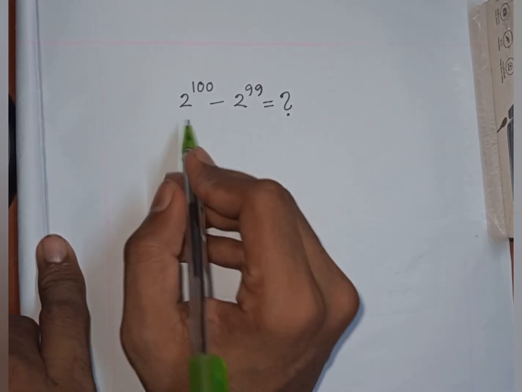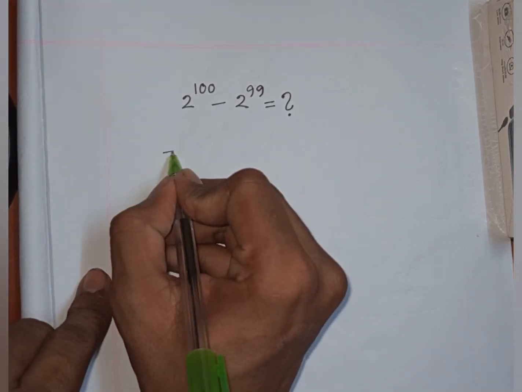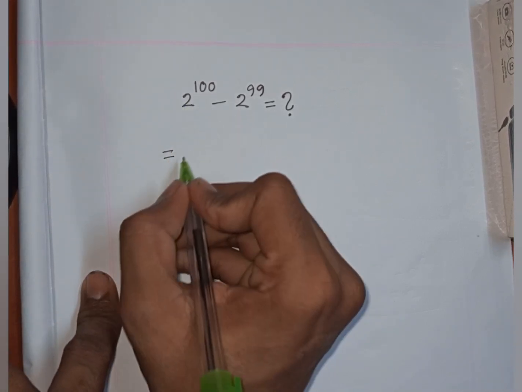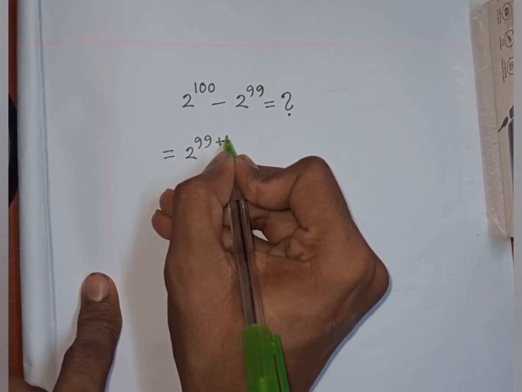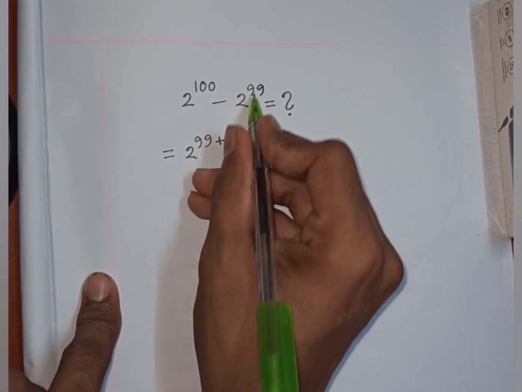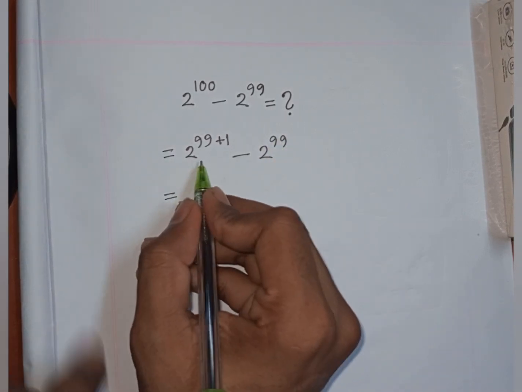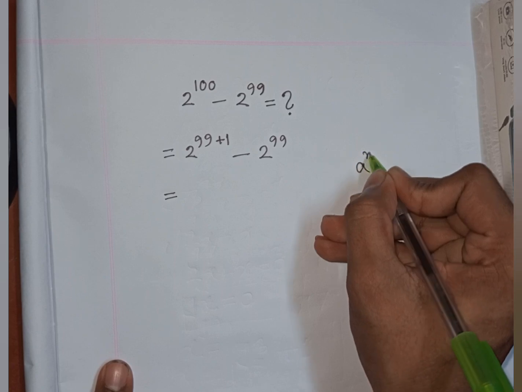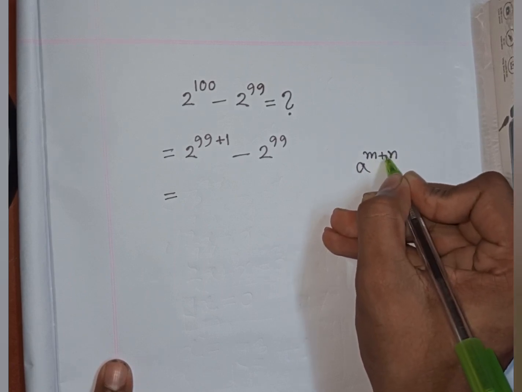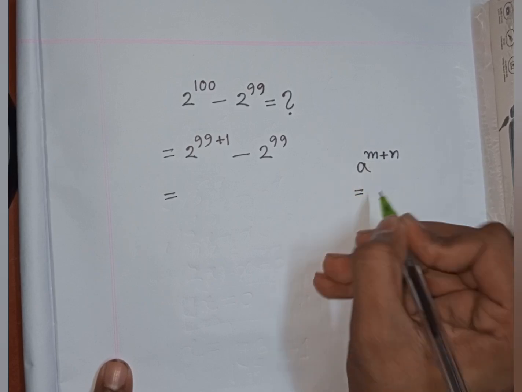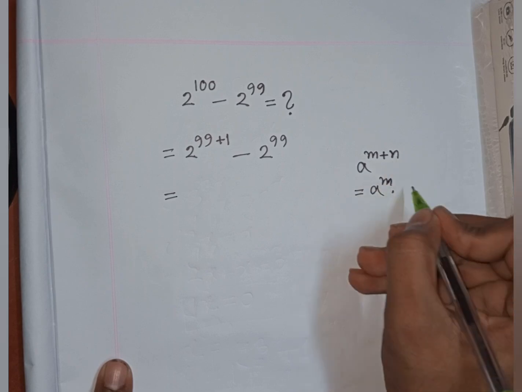How to simplify 2 power of 100 minus 2 power of 99 is equal to what? So, we have 2 power of 100 can be written as 2 power of 99 plus 1, then minus 2 power of 99, is equal to, here I can apply this exponential rule that a power of m plus n is equal to a power m times a power n.